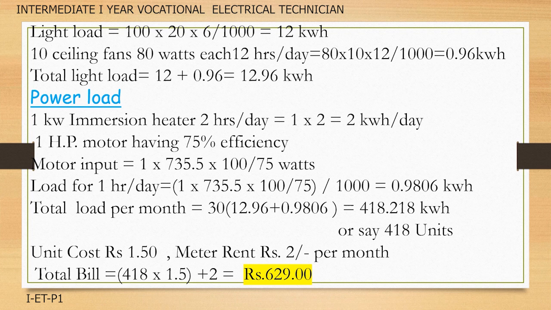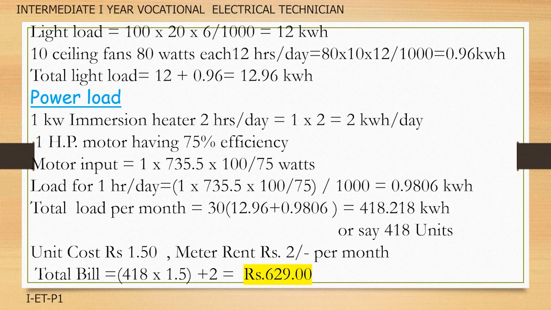Light load is equal to 100 into 20 into 6 by 1000, that equals 12 kWh. 10 ceiling fans of 80 watts each for 12 hours per day is equal to 80 into 10 into 12 by 1000, which is 0.96 kWh.